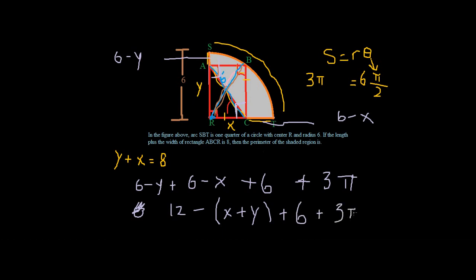And we could replace this x plus y with 8. We know 12 minus 8 equals 4, and 4 plus 6 is 10, so the answer is 10 plus 3 pi. And yeah, so that's the answer, 10 plus 3 pi.